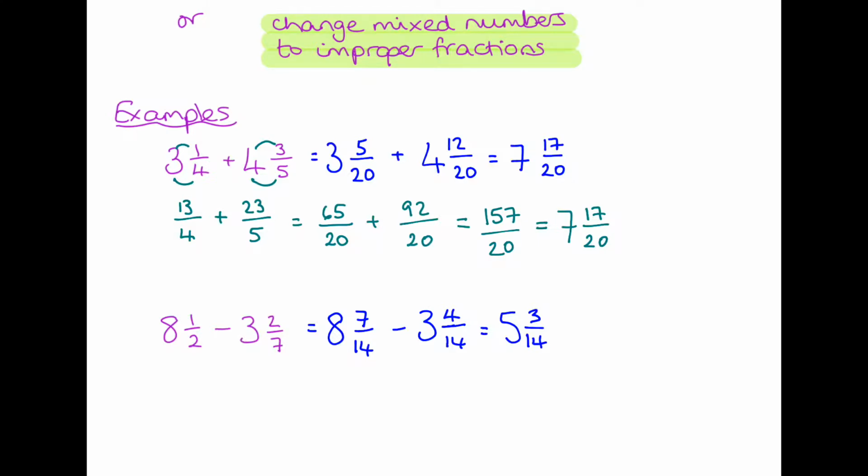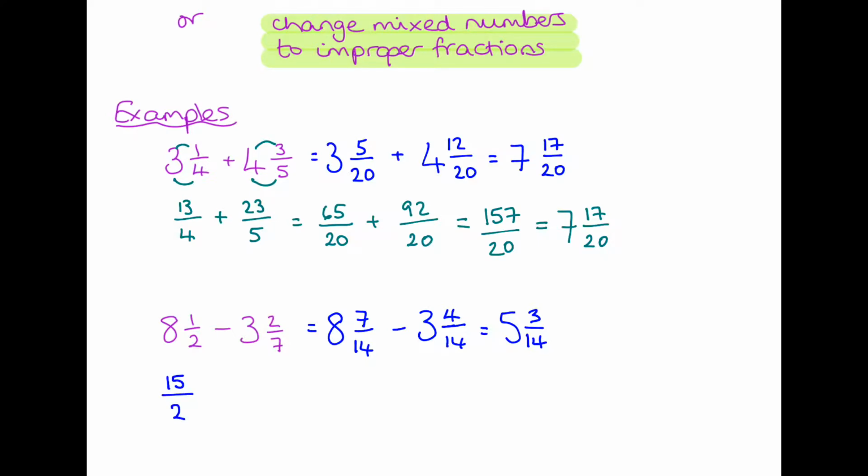Okay. I hope you can see that the numbers are going to get a bit awkward if we change these to improper fractions. We'll go through it, but we might decide halfway through that actually it's too fancy and we prefer the other way. Okay, so let's go for it. So we're going to change 8 and a half into an improper fraction.